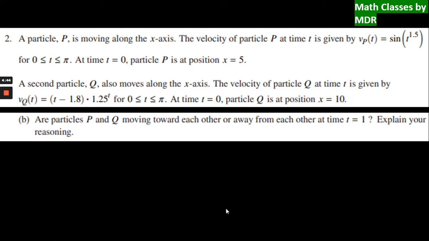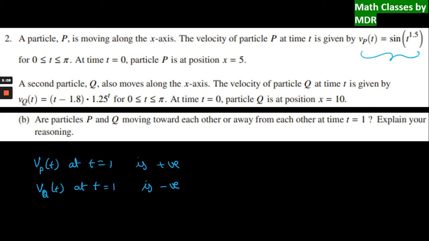But in order to give a reasoning, you can find vP(t) at t = 1. That will be positive, and vQ at t = 1 is negative, right? On substituting t = 1 in vP and vQ, you will see that one is negative, one is positive.